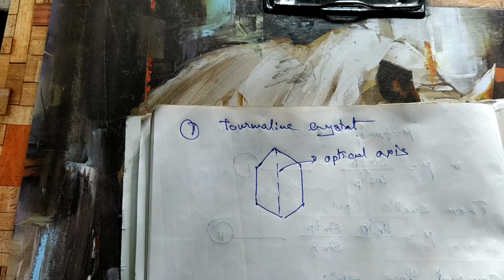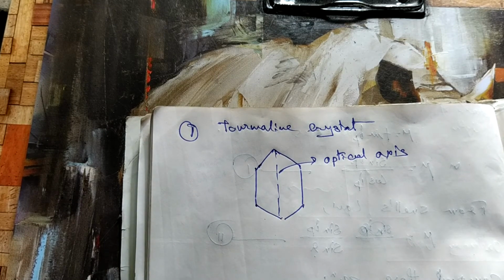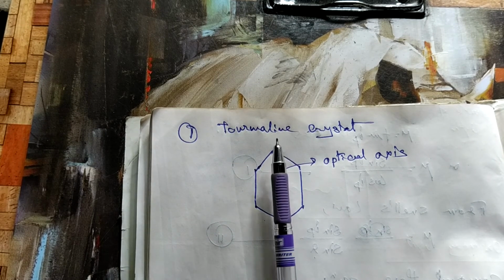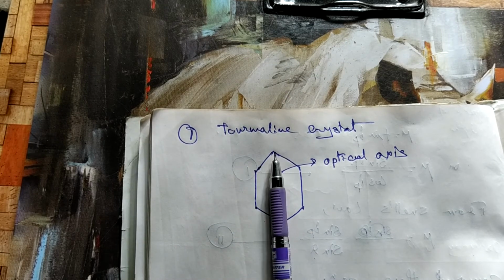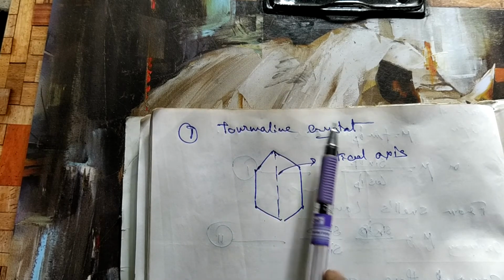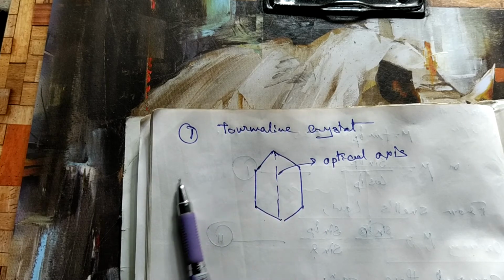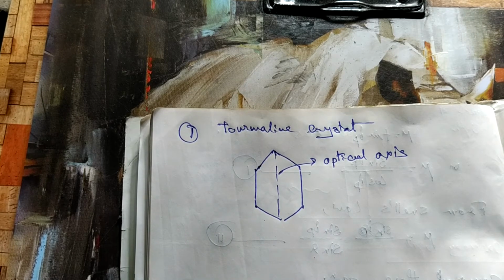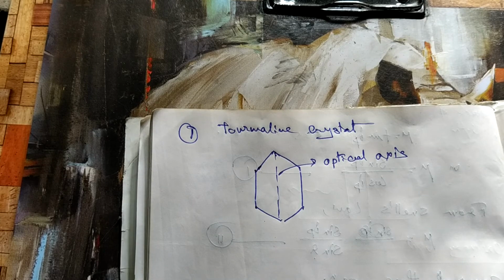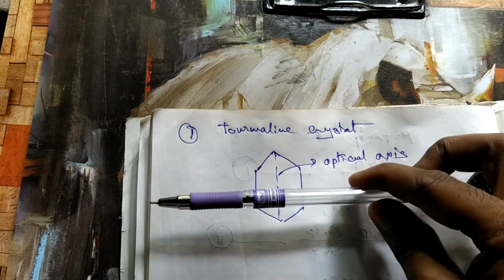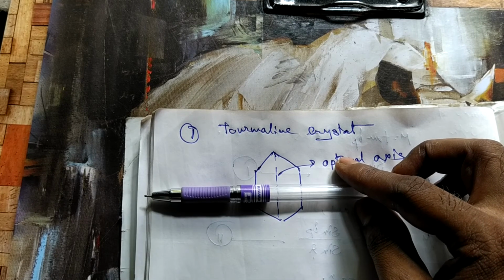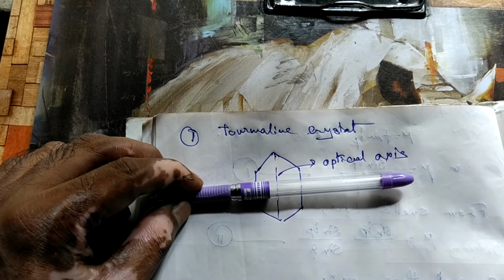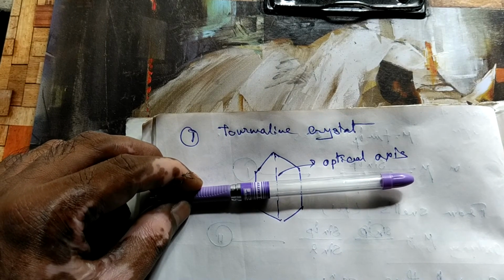If the plane of vibration is along the same direction as the crystal axis, then the intensity of this light is maximum. But when the plane of the incident wave is perpendicular to this crystal axis, the intensity of the light after passing through this material becomes zero.